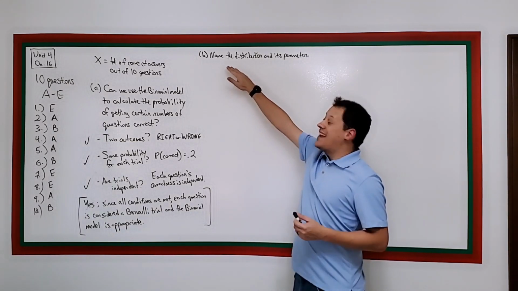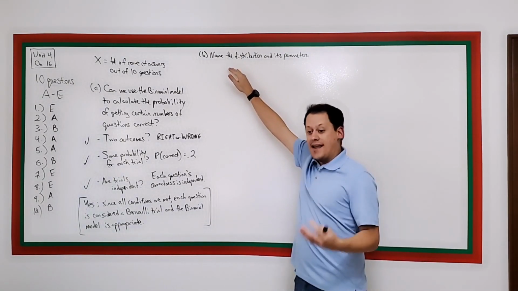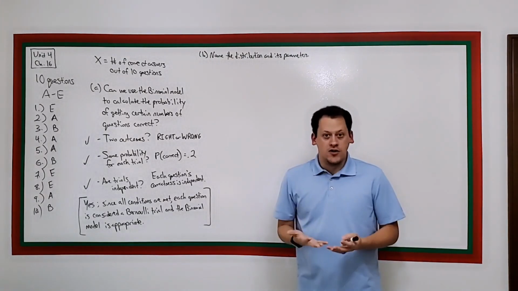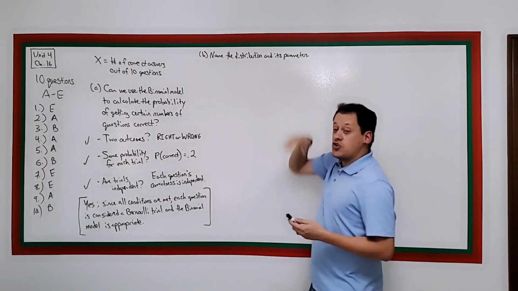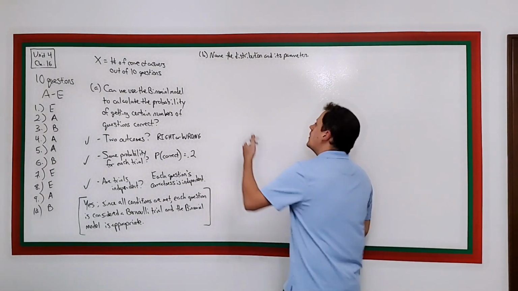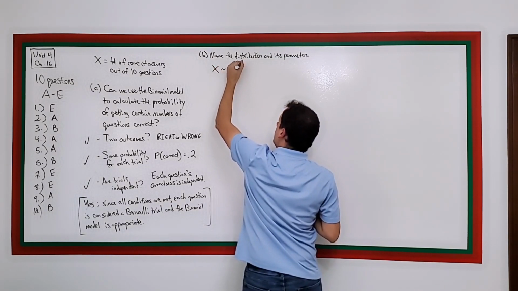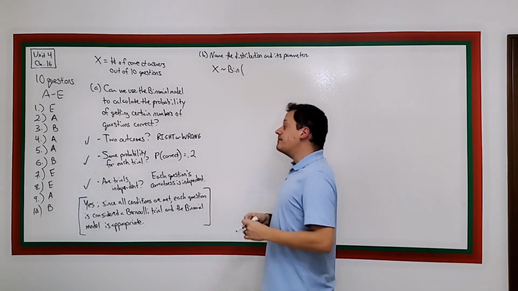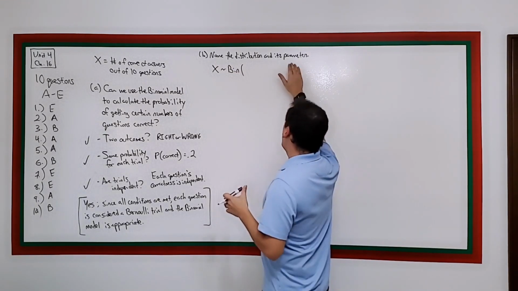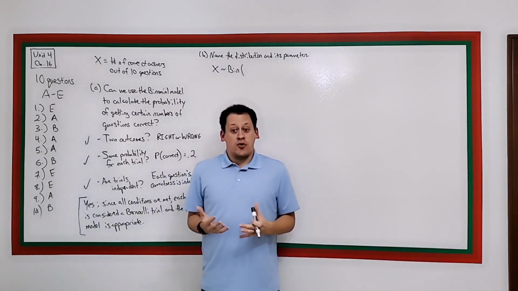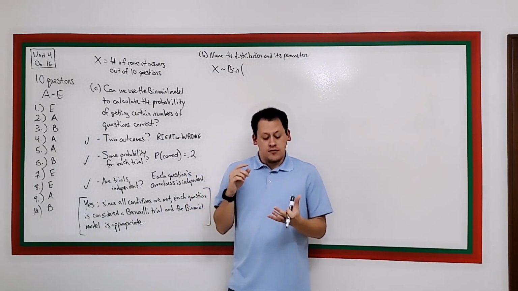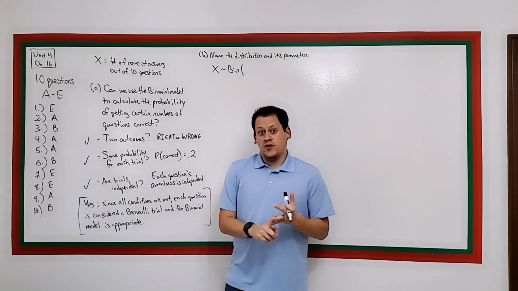So now part B, we want to name the distribution. We already know it's binomial, and determine its parameters. So we know that the random variable x is binomial. The only parameters for a binomial model are the number of trials and the probability of success.